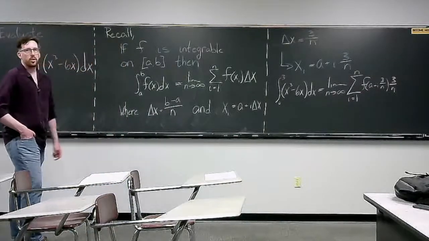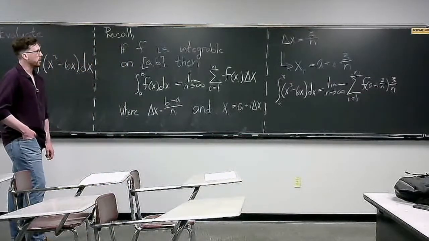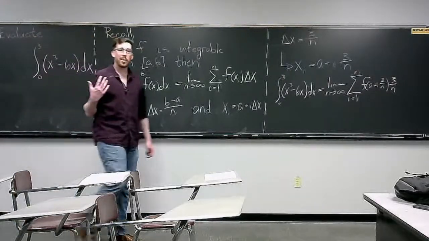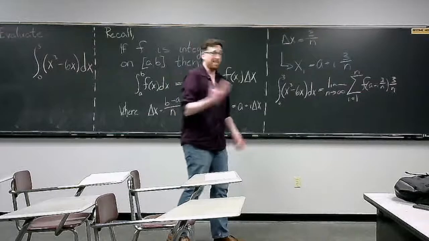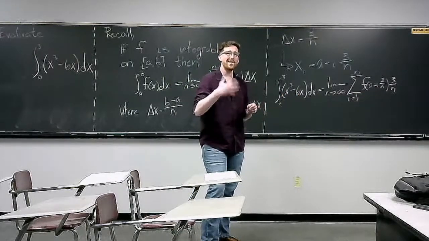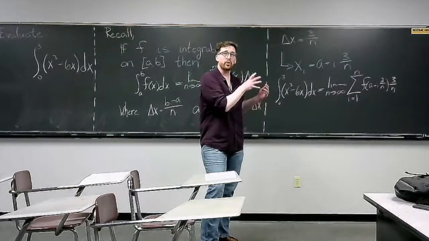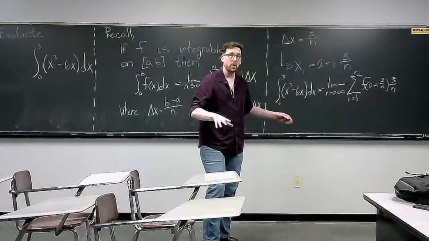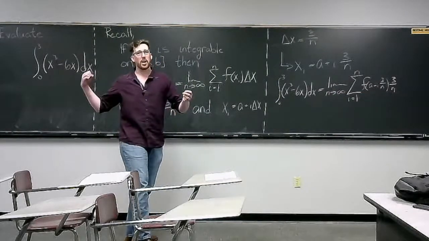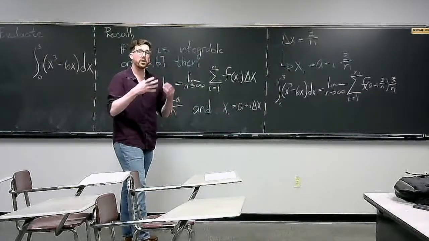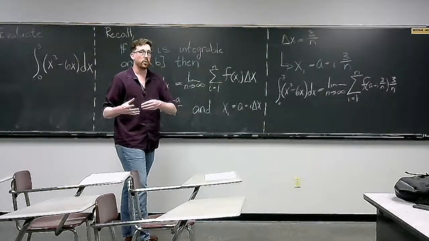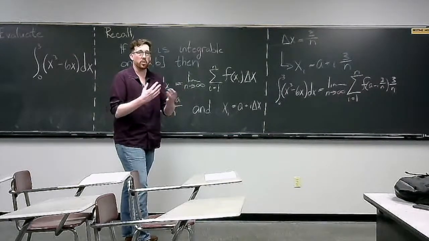So now we can start cleaning some of this up a little bit. Notice one of the things we can do is pull out that 3 over n, because it's a constant value in terms of the series. It never changes with each term. It stays the same. So we can treat it like a constant and just pull it out, because it's shared with each term. It just doesn't change according to the series.